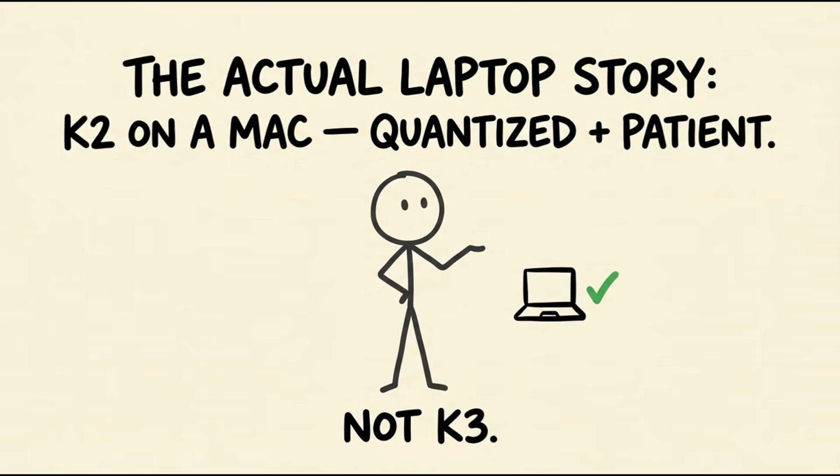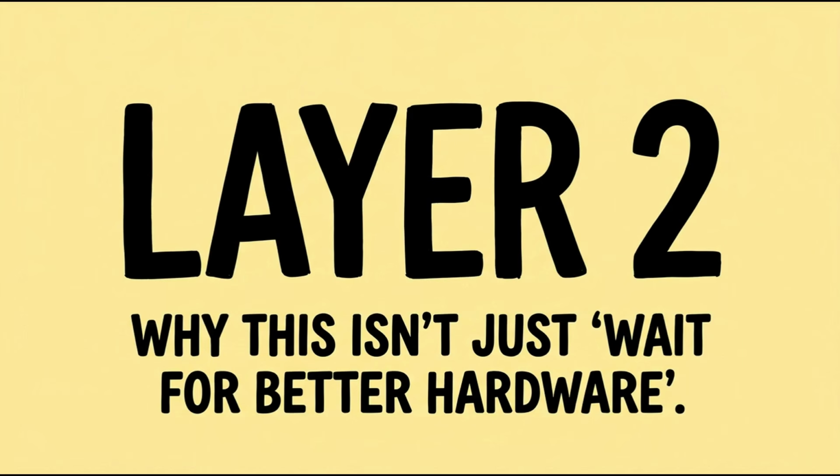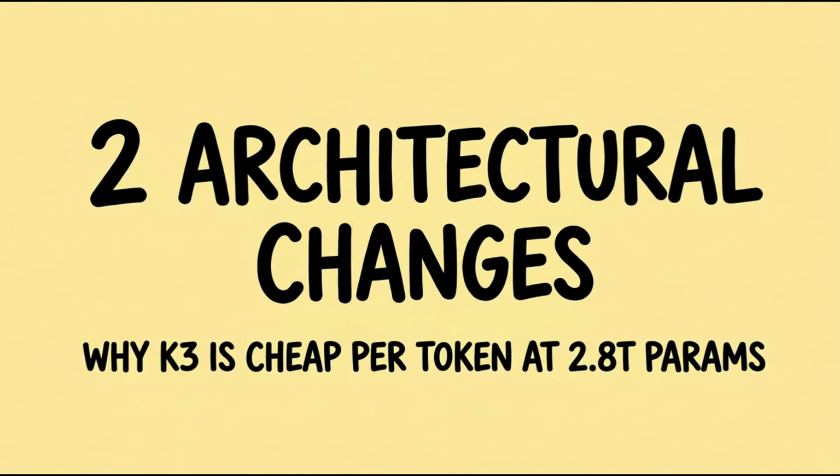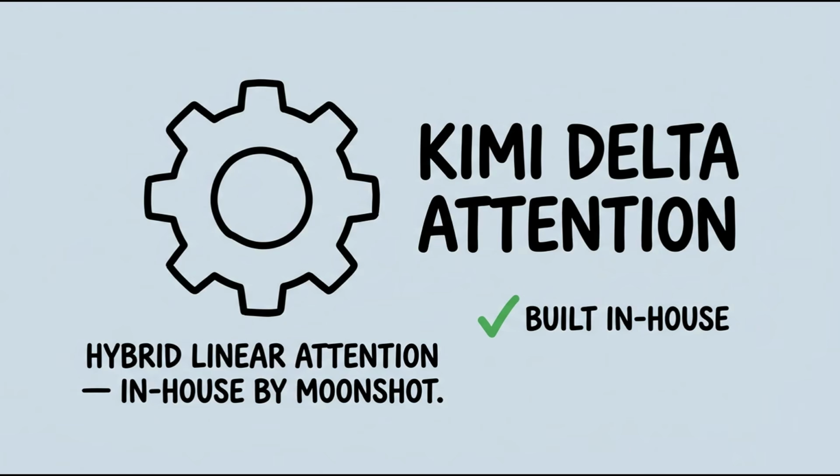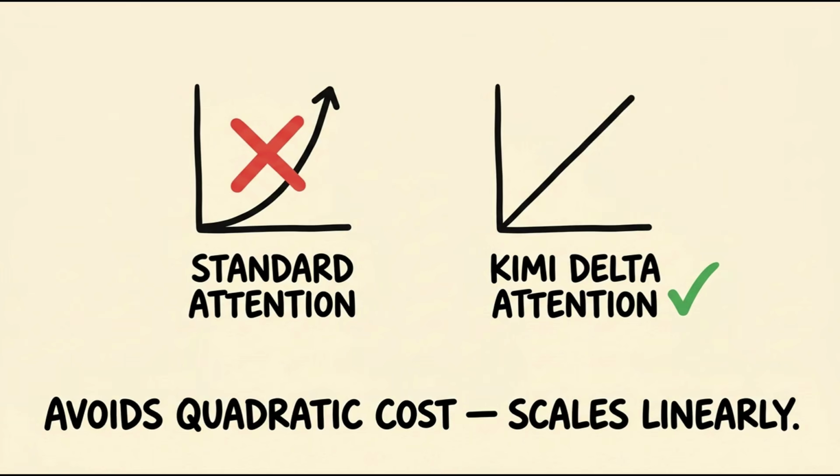Layer 2, why this is different from just waiting for better hardware. The reason K3 exists at 2.8 trillion parameters and still costs less per token than you'd expect comes down to two architectural changes Moonshot built in-house. Kimi Delta Attention, a hybrid linear attention mechanism that avoids the quadratic cost of standard attention scaling with context length.